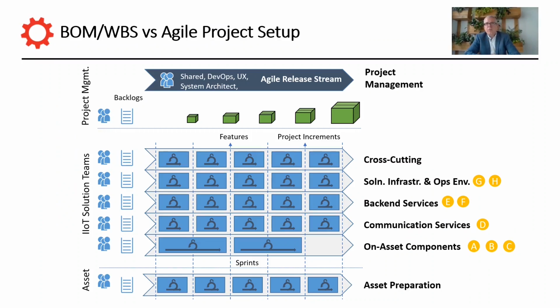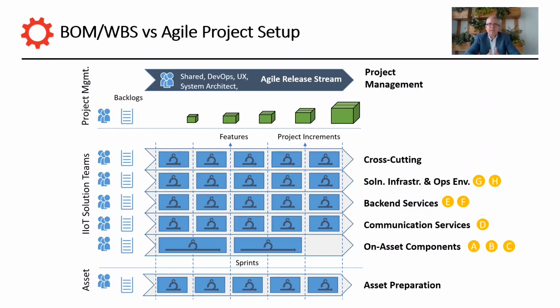It's also really important to understand how all of this is then mapping against your project setup. So when you look at this from the project manager, he typically will run his IoT project as a scaled agile project, where at the top he has one work stream that deals with project management, and then he has different solution teams and different work streams that deal with different aspects.